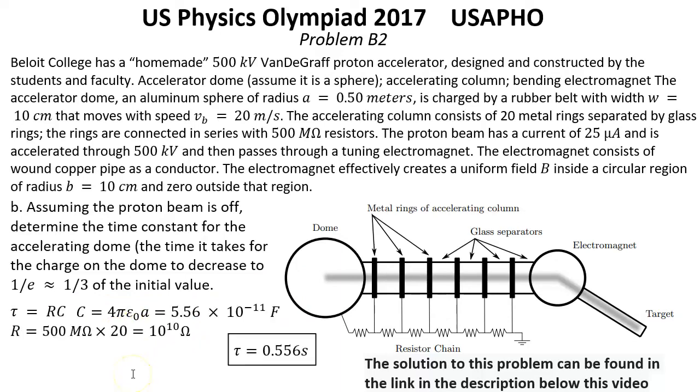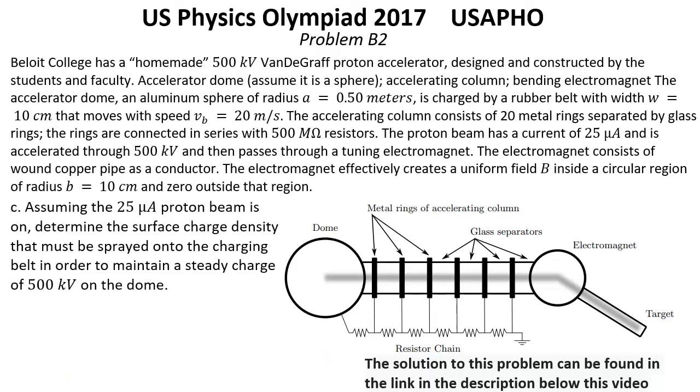When we put in all the numbers, we get the capacitance. For the total resistance of 20 resistors, we have 10^10 ohms, and finally the time tau to discharge our capacitor to 1 over e is this amount. So that's the answer for question B.